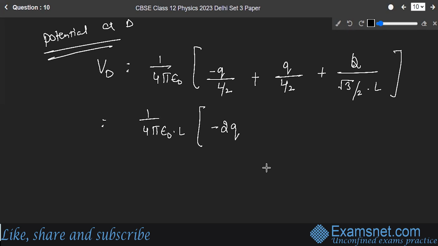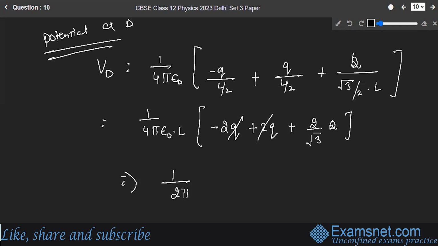They will cancel out, right? Plus 2Q, and here will be plus 2 upon root 3 Q. So this will cancel and you will have this 2 and this 4 will also cancel.